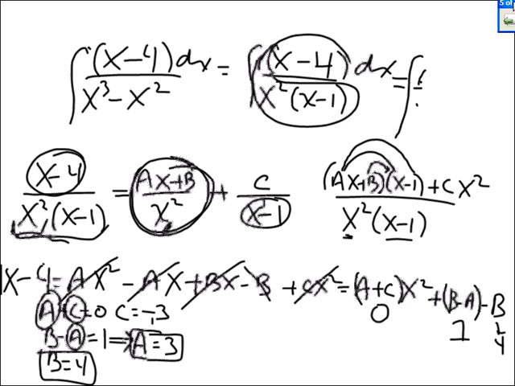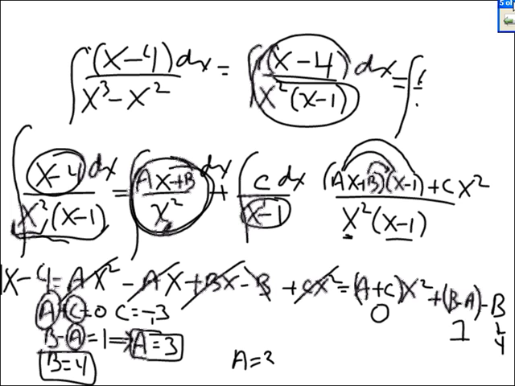Okay. So what we have is the following. Integrating this, which was our original function dx, is the same as integrating this dx plus integrating this dx. But now we have the a, b's, and c's. A is 3, b is 4, and c is negative 3.